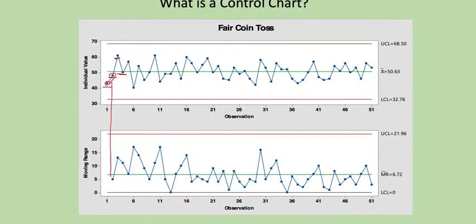Then I'll do it again for this set here, and graph it. The purpose of a moving range chart is to provide an estimate of the system variability. If you take the average of all these moving ranges, you get 6.72. So that says there's approximately a difference on average of 7 heads between different trials.